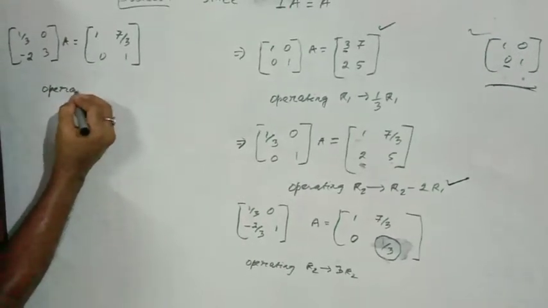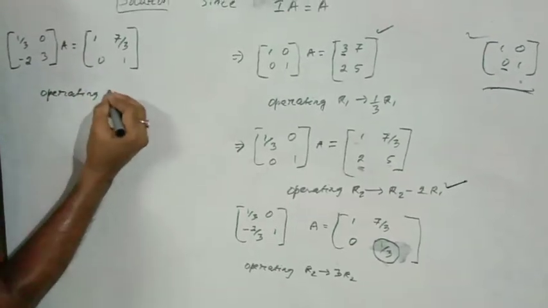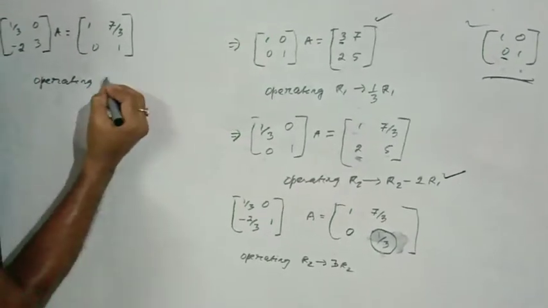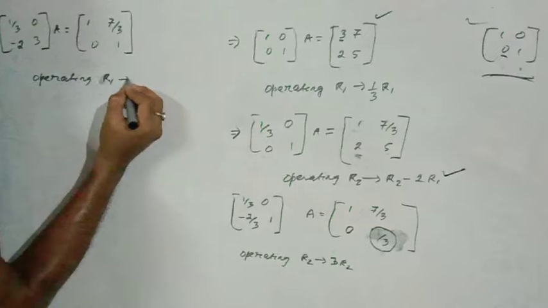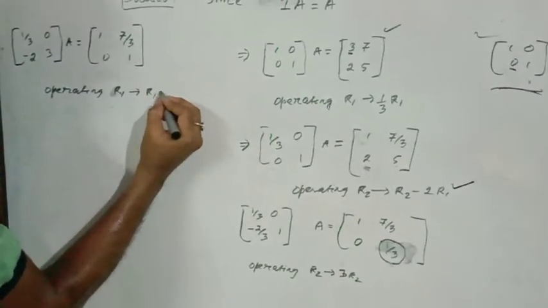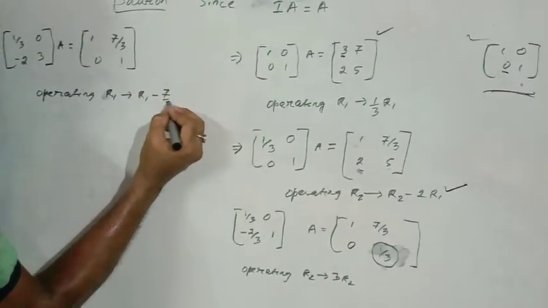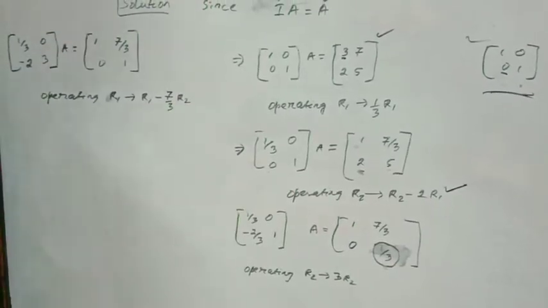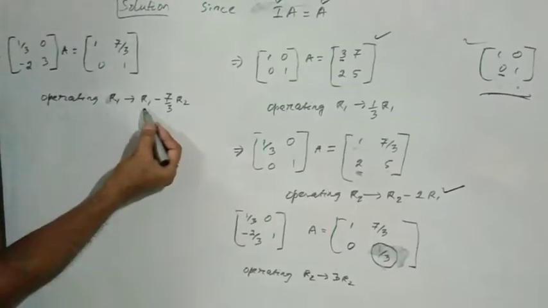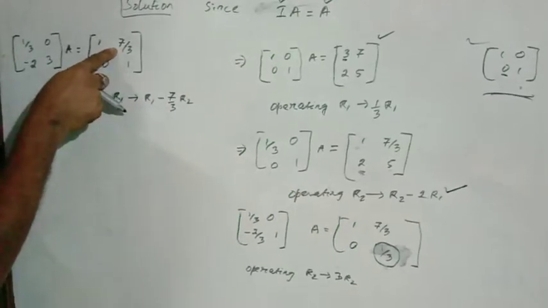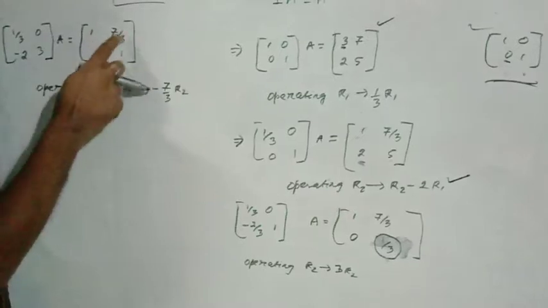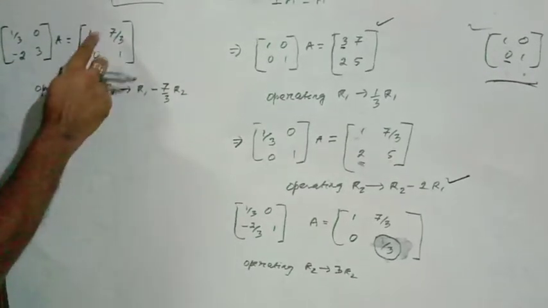Operating row 1 as row 1 minus 7 by 3 row 2. If we take this substitution, here it will be 7 by 3 minus 7 by 3 into 1, it becomes 0. Row 1, this element will be 0.